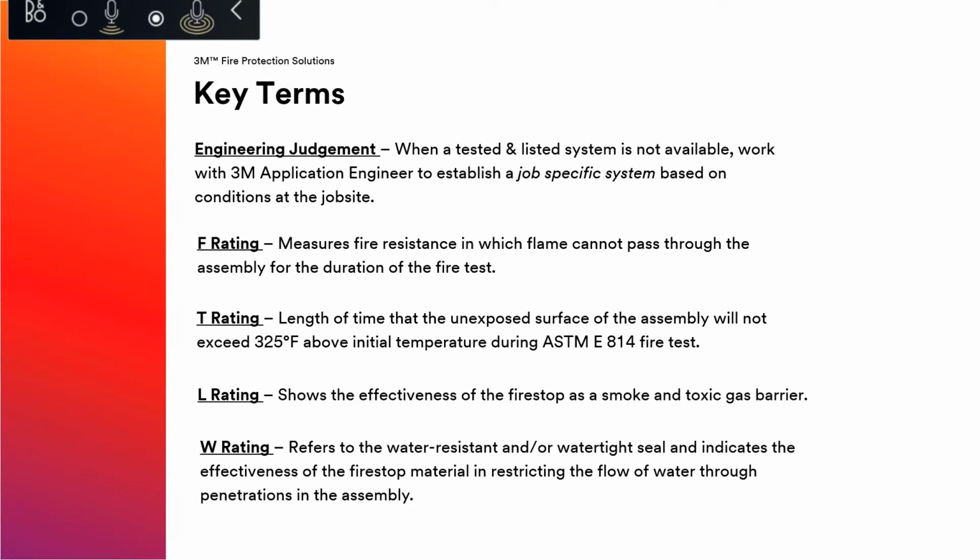We want to make sure that we slow down that heat transfer, right? That metal is a conductor, and if that metal pipe is exposed, outside of a wall cavity, we want to make sure that we're providing the appropriate T rating. Typically, that's going to be an added insulative type material to that pipe.